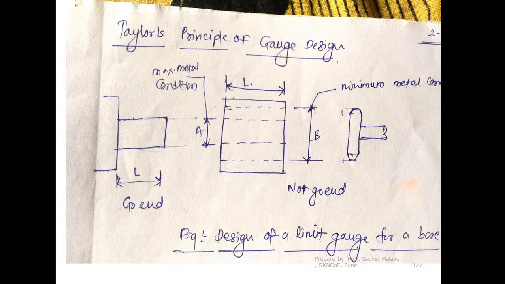For example, if capital L is the length of the hole to be tested, then the minimum length of the go end of the gauge must be equal to L. If the length of the hole is 100 mm, then according to Taylor, the length of the go end of the gauge you have designed should be minimum 100 mm.